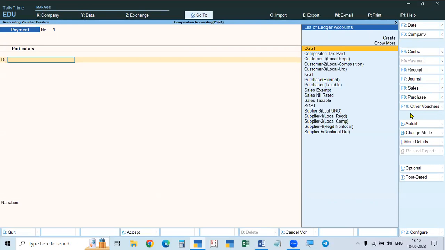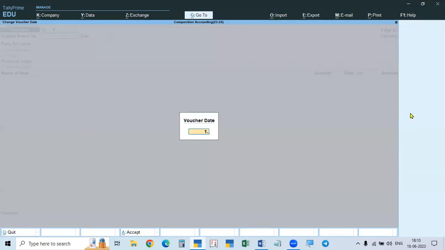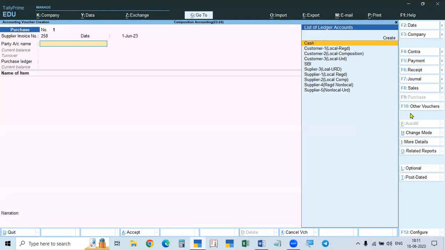Now we will take up purchases first of all. Take first June. Okay, for example, 1st June we will take, and the invoice number. Then now we will take our suppliers. Registered means we will get the tax. Unregistered or composition means we will not have any tax.